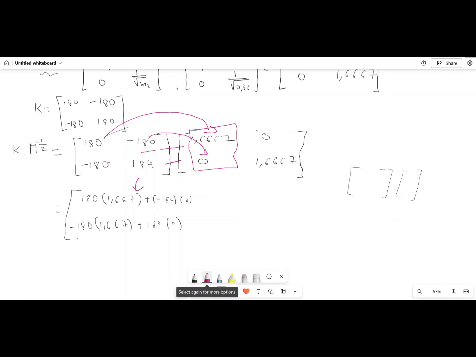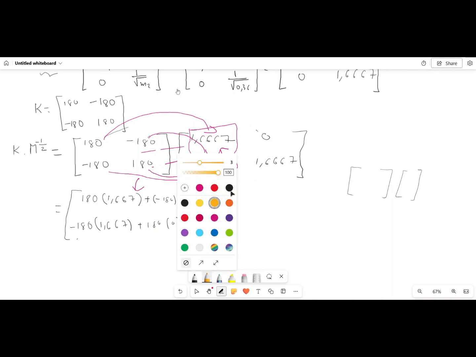Now 180 multiplied by this plus this multiplied by this makes the second row here. So if we have to fill the other row here, we make this guy the priority.